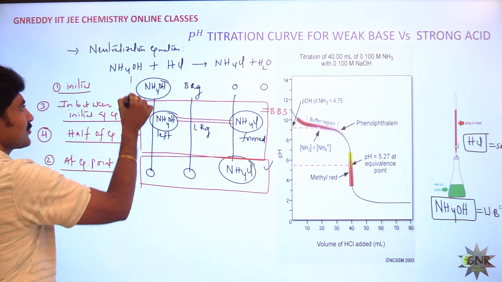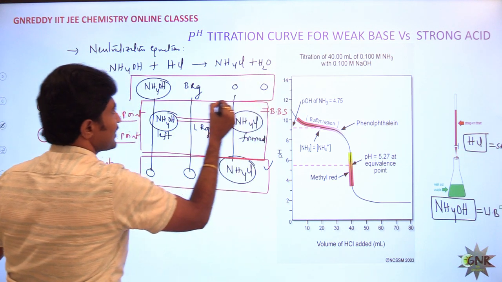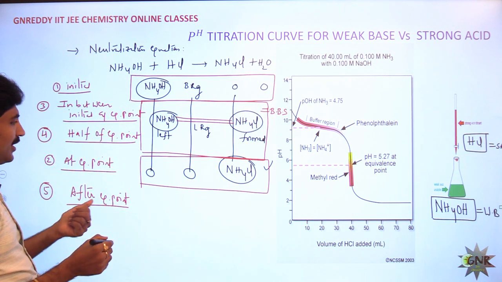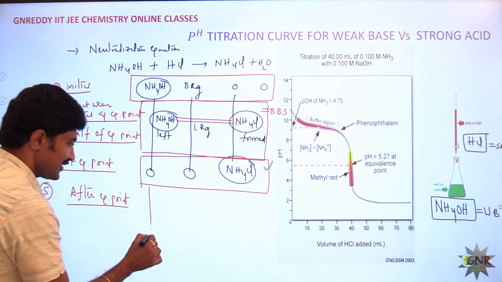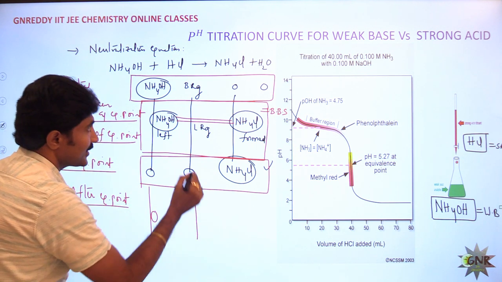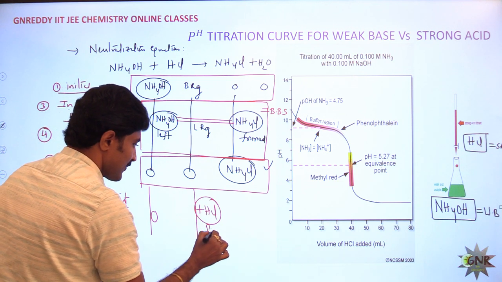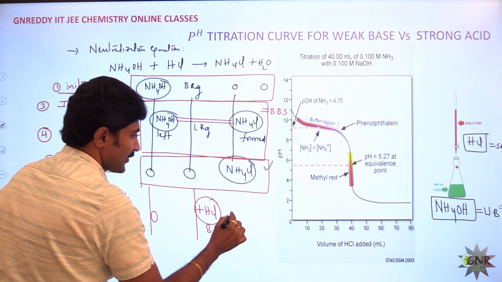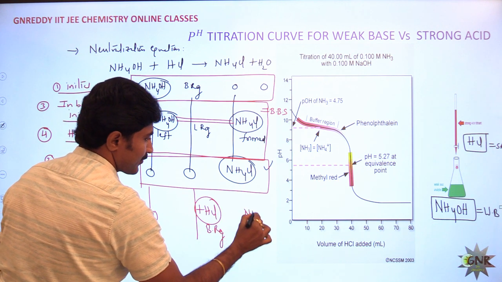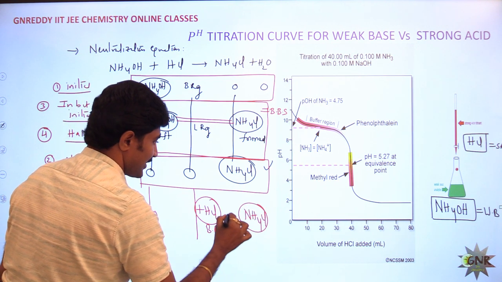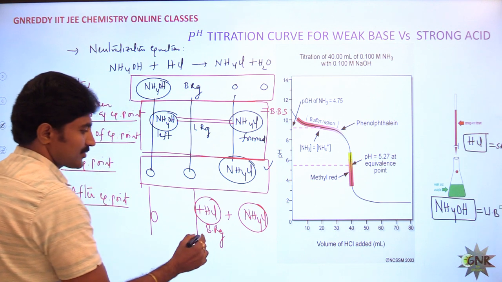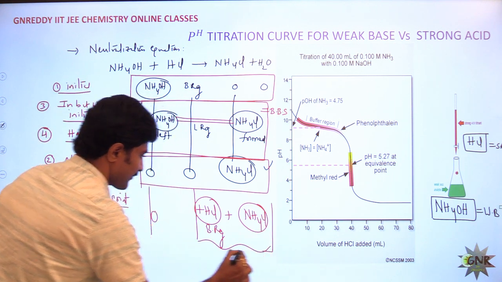Initially only weak base is present, and after equivalence point, anyway this is 0, but the added HCl, that is a burette reagent, and apart from this, formed ammonium chloride, this mixture will be there here, right?